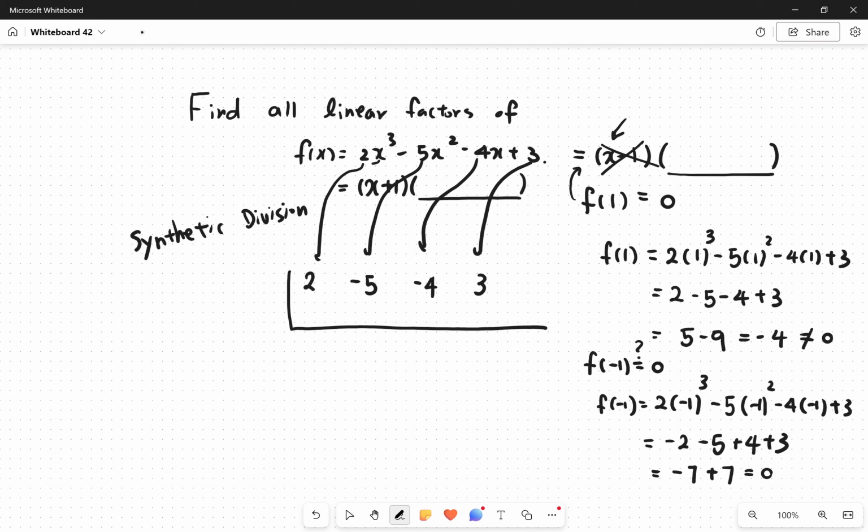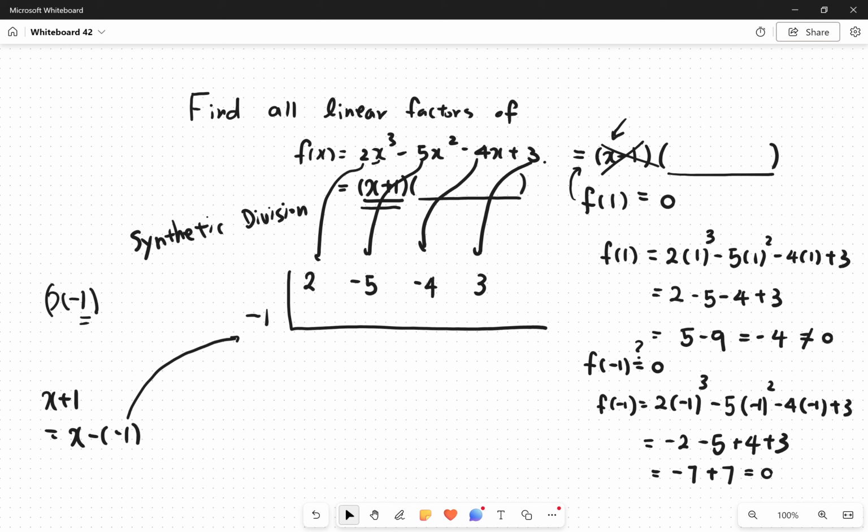Then if you take a look at x plus 1, we write down negative 1 because x plus 1 is literally x minus negative 1. In case you are given x minus 1 as a linear factor, you're going to write down plus 1 in this place.